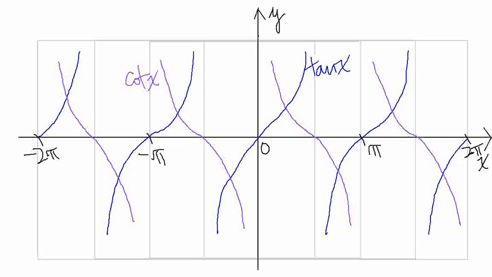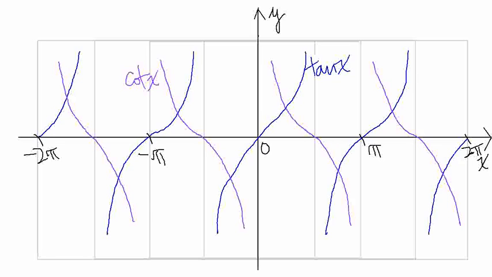So as with the sine and cosine graphs, we can determine a lot of information from the graphs of the tangent and cotangent functions. First of all, notice that it looks like someone made several copies of a certain portion over and over again to construct both graphs.